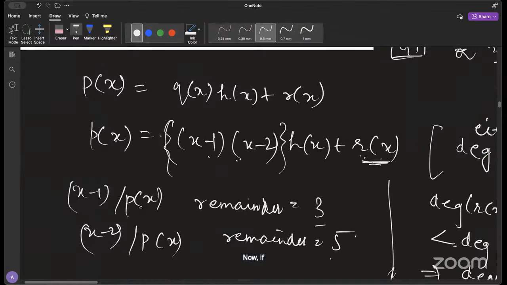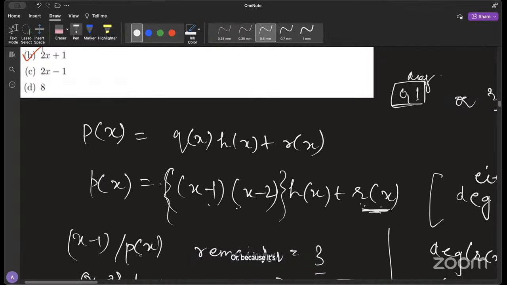Now we have information that either it's a linear function, that means ax plus b type, because if its degree is 1, then it's linear, of the form ax plus b. If its degree is 0, that means it's constant. Or the third possibility is that this entire remainder is 0.